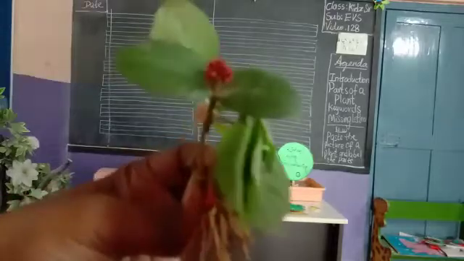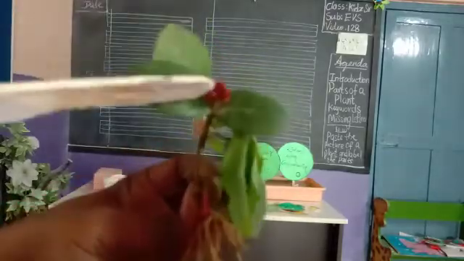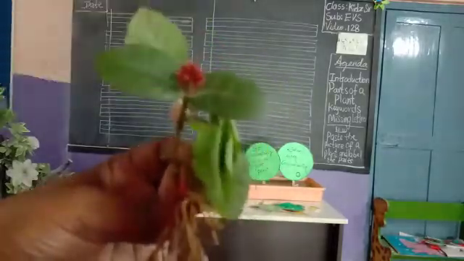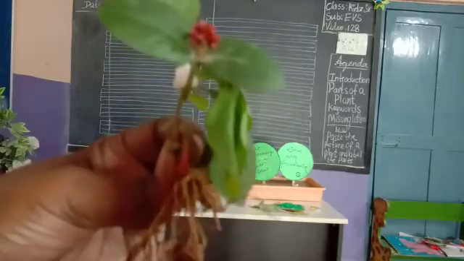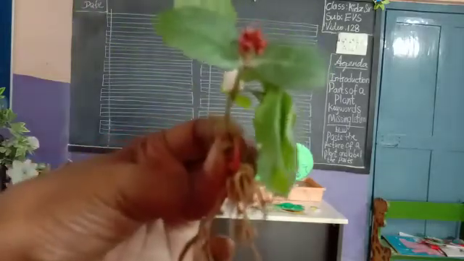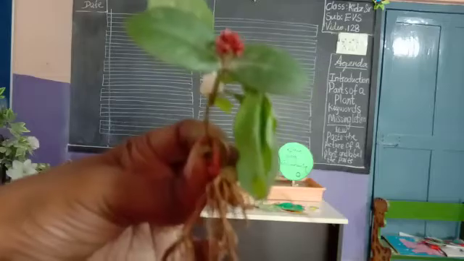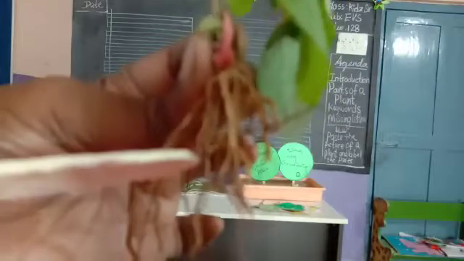Then later on, as the plant grows, the flower will become a fruit. Yes, children? I'll bring it closer. These are the roots, under the soil. This is the stem.